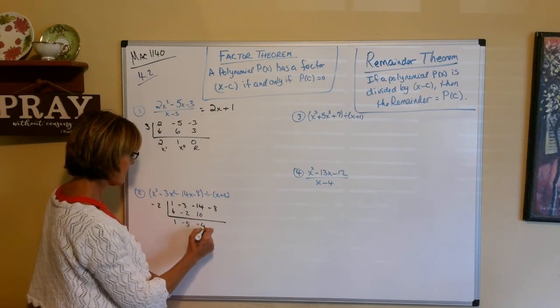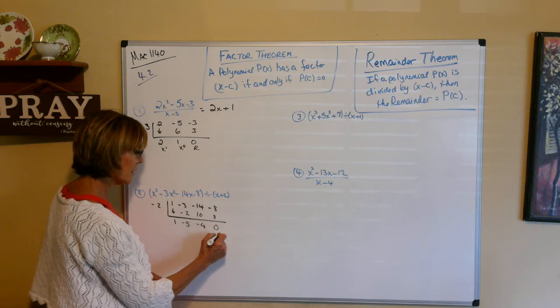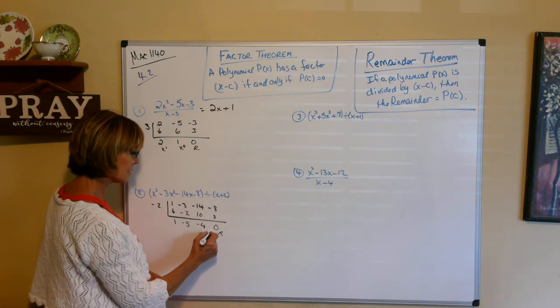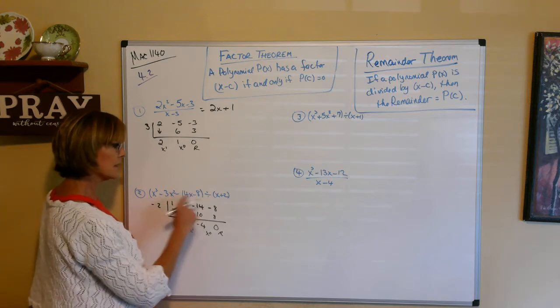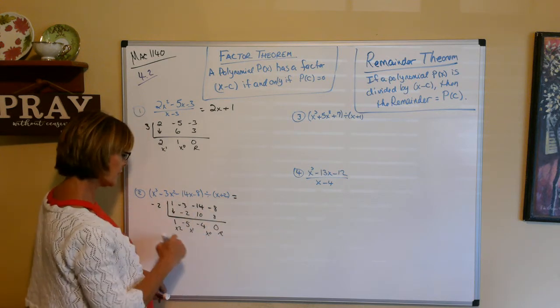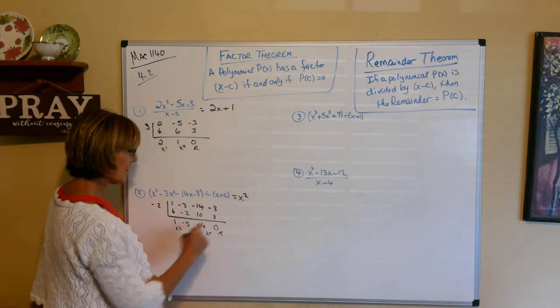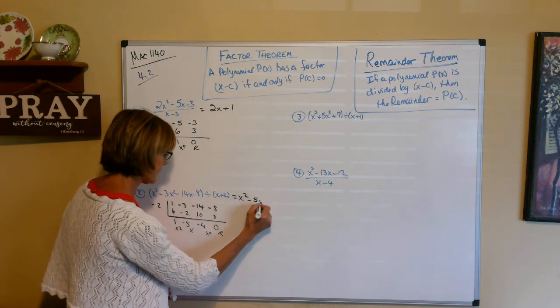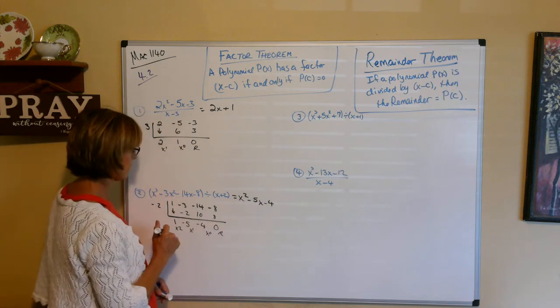Add negative 4, multiply positive 8, add 0. Interpret 0, x to the 0, x to the 1, x to the 2. This tells me that this polynomial divided by that polynomial is equal to 1x squared minus 5x minus 4, and the remainder was 0.